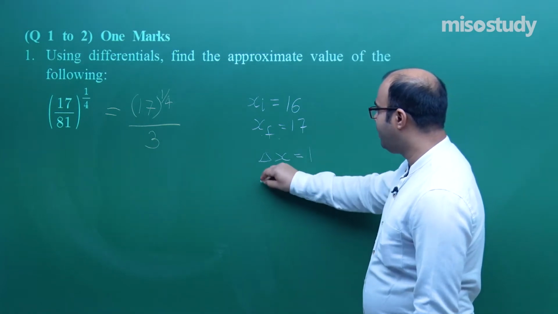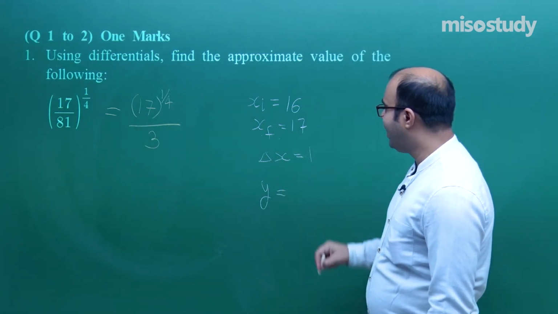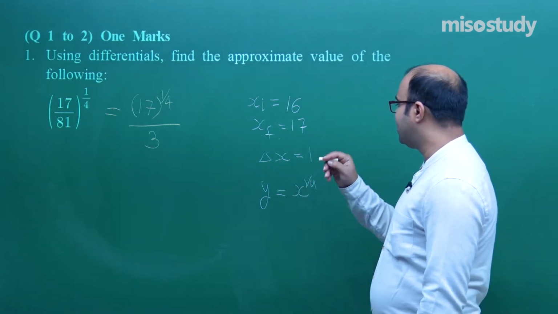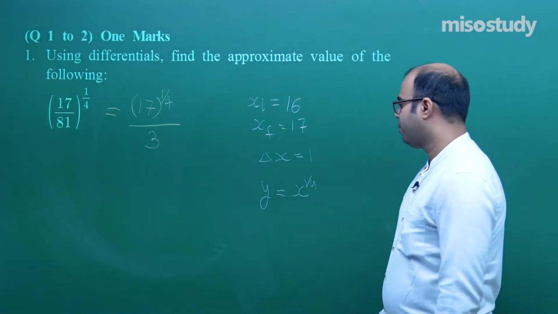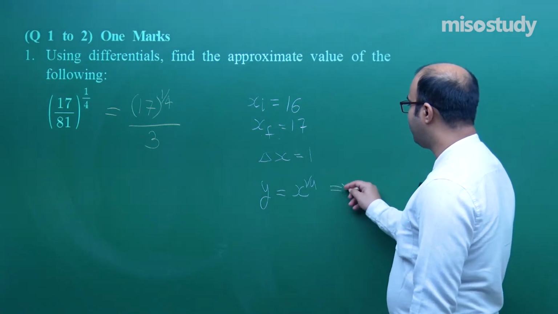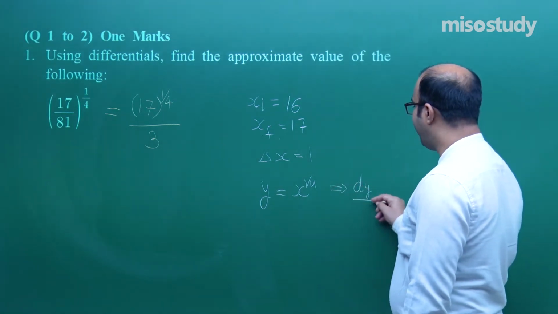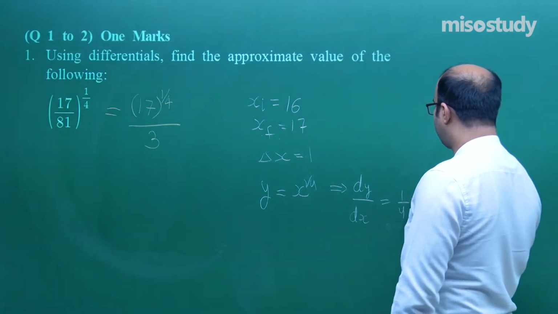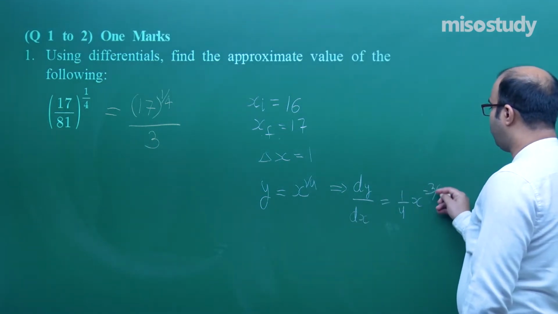What is the function that we have to take for y? That y is basically x to the power 1 by 4. Now, when we differentiate this y, what do we get? dy by dx is equal to 1 by 4 x to the power minus 3 by 4.